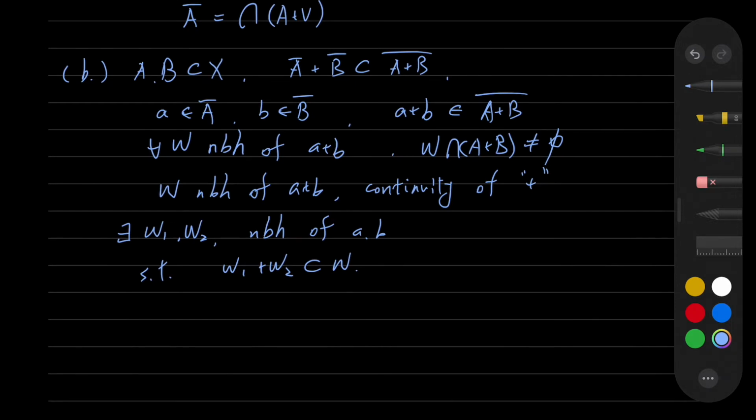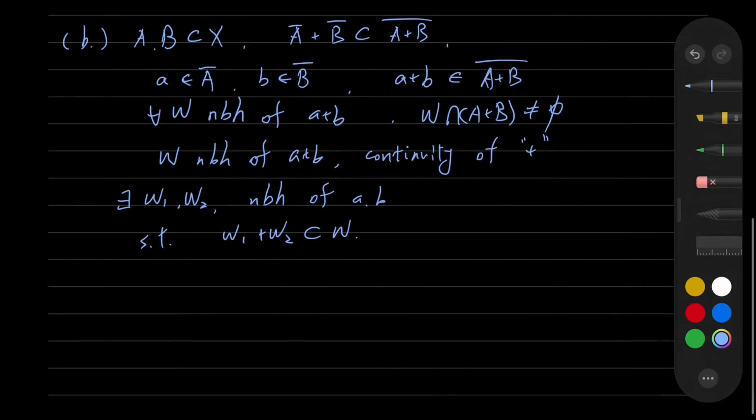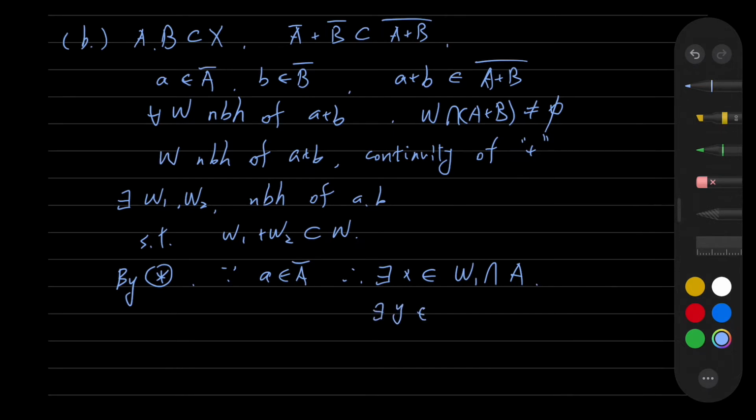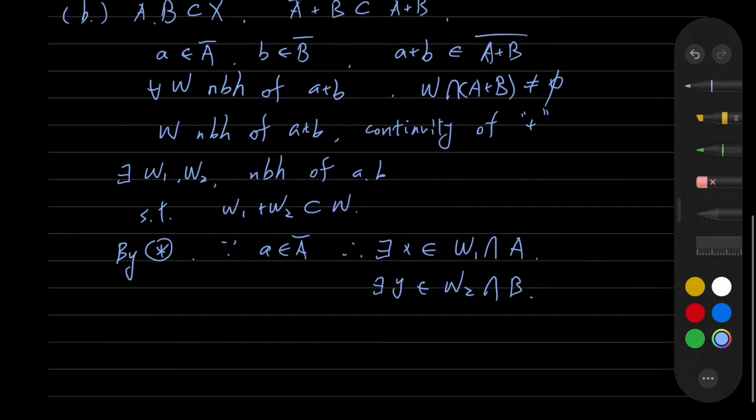And because they lie inside the closure of A and B, so again by star, since a lies in this set, there exists x in W1 intersect A. And similarly, we have y in W2 intersect B. Then we just add these two points together.